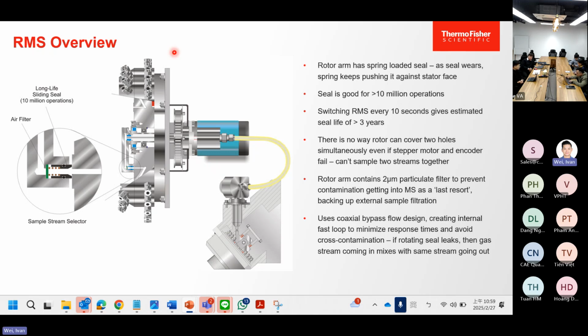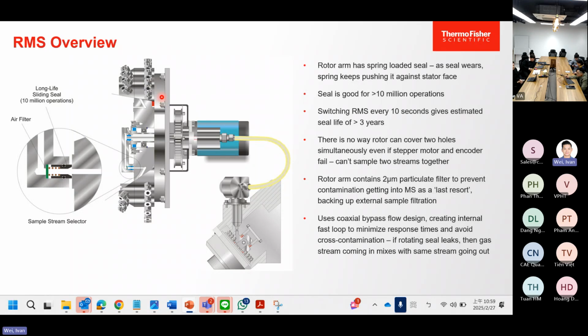So this is the side view of our RMS. As you can see here, we have a rotor that works like a clock. We are able to point at different ports, so the sample stream can go into our system. All of these RMS ports are constantly flowing the air.